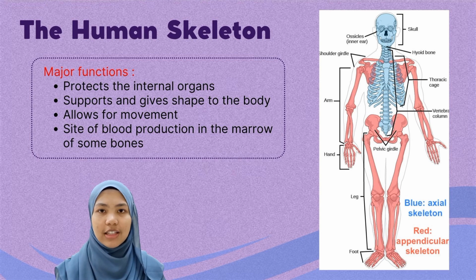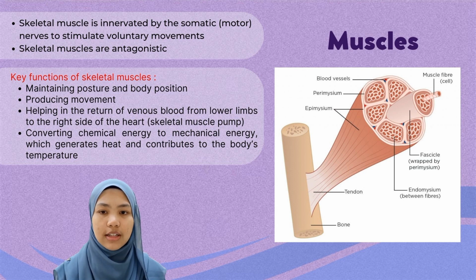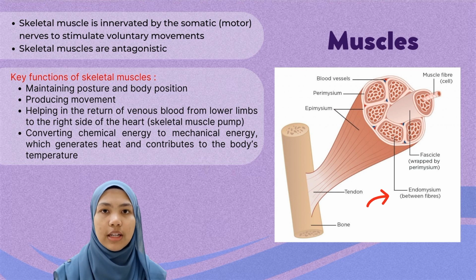Next, let's get deeper into the muscular system. Here you can see the structures of the muscles. Skeletal muscle is innervated by the somatic or motor nerves to stimulate voluntary movements. Skeletal muscle fiber cells are narrow but can be long, and each fiber has its own connective tissue covering called the endomysium.